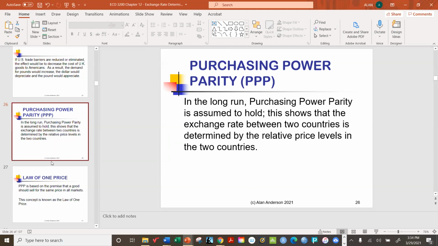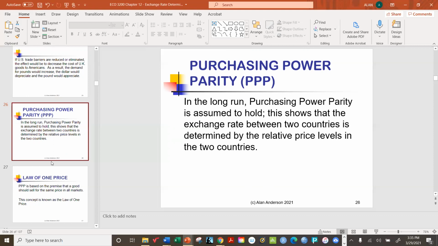Now, when this theory was first proposed, which was hundreds of years ago, it may very well have been at that time that this was a valid explanation as to where exchange rates come from. But now, as you'll see in a few minutes, there's very little reason to think that it might actually hold. Okay, so let's find out why.